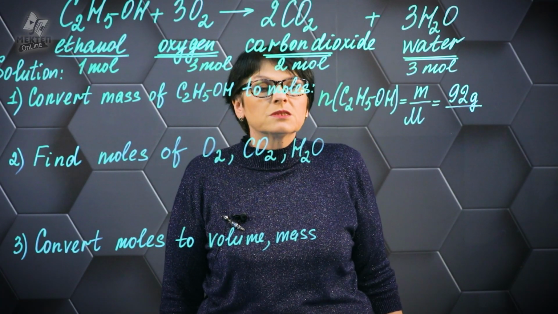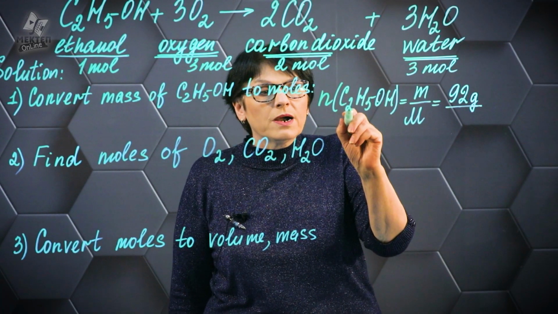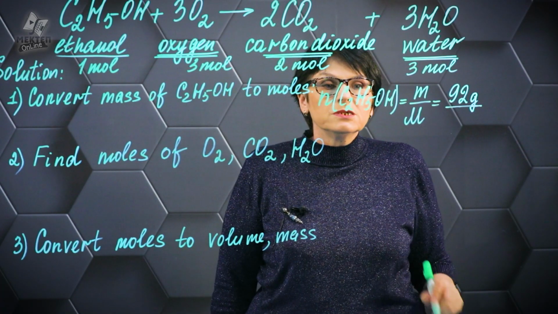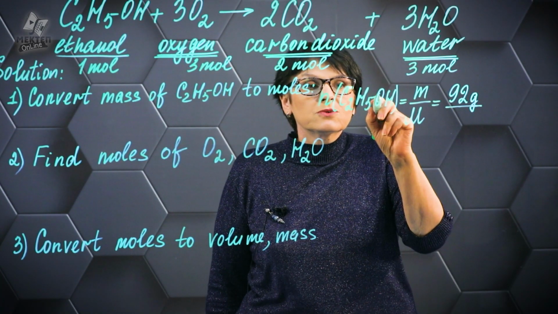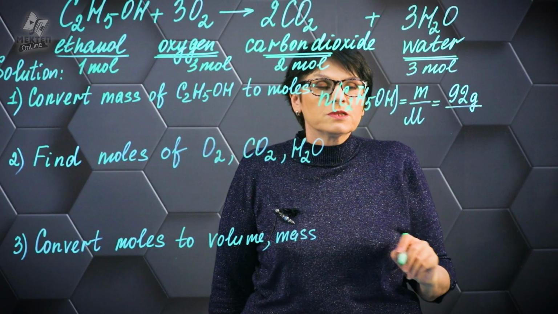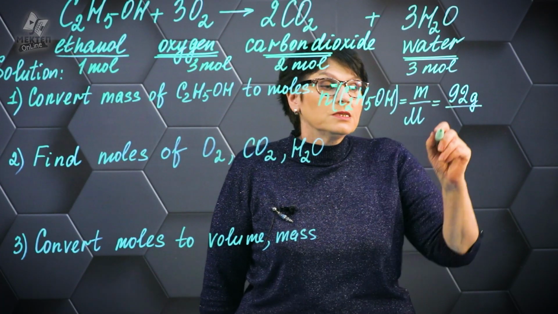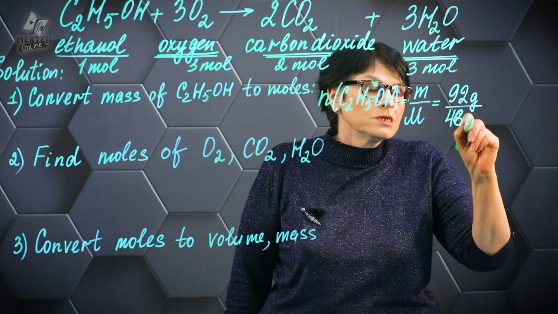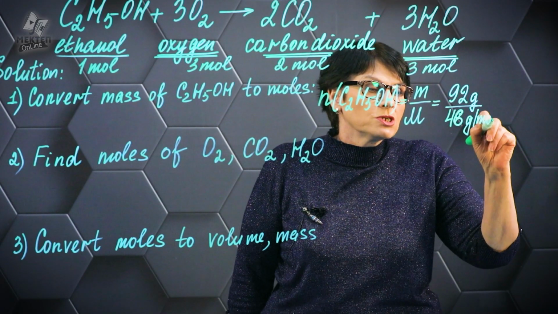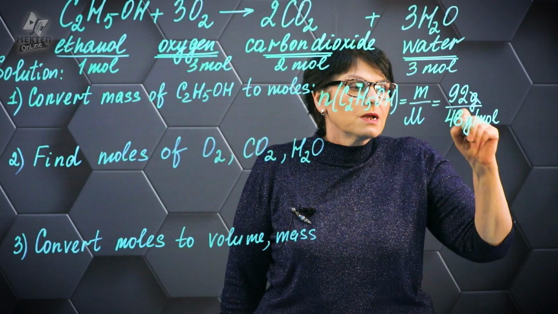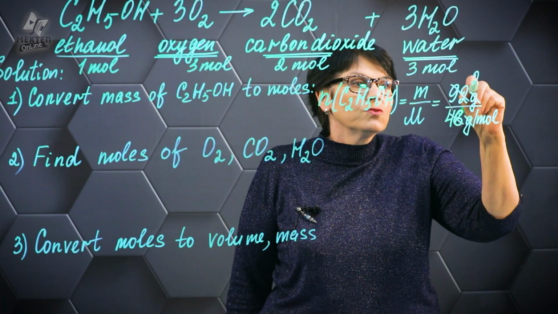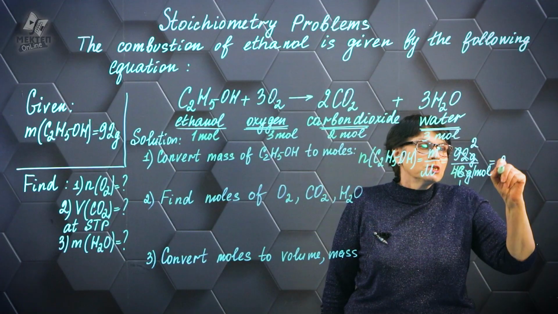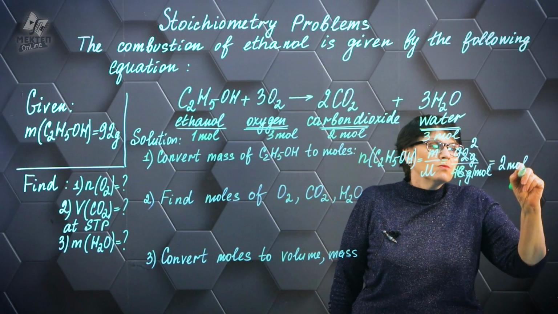Let's remember that carbon weighs 12, that's 2, then hydrogen is 1, that's 5, oxygen 16, and then hydrogen 1, that's 1. And then we have a total mass of 46 grams per mole. The grams will be reduced, and we get 2 moles of ethanol.